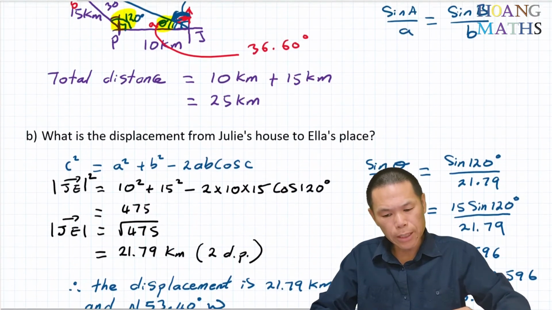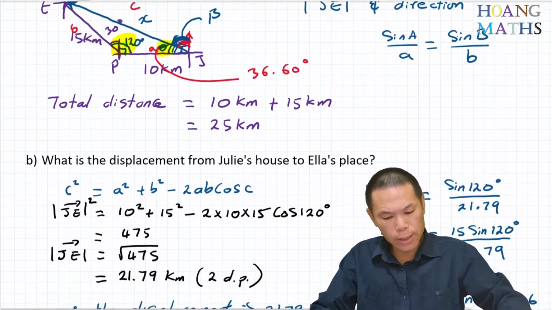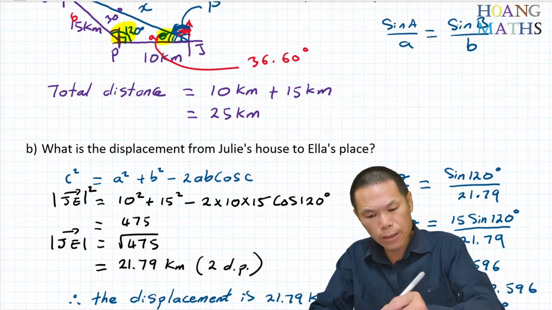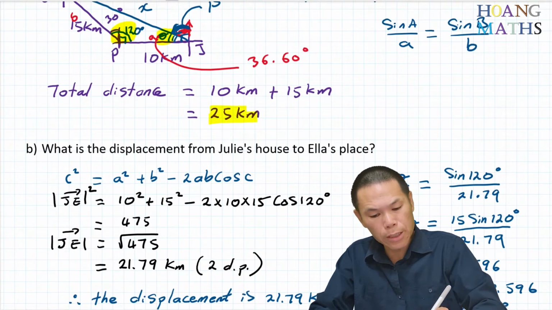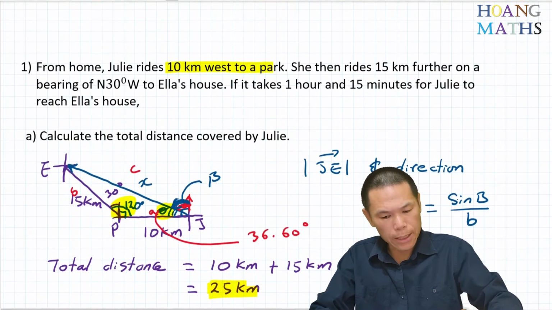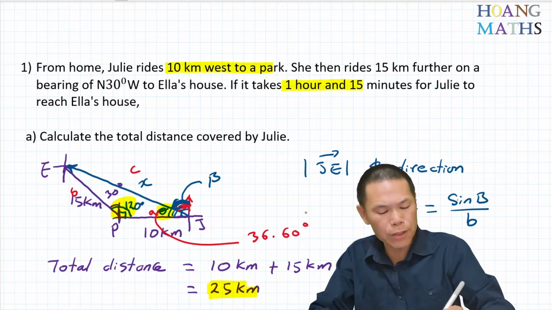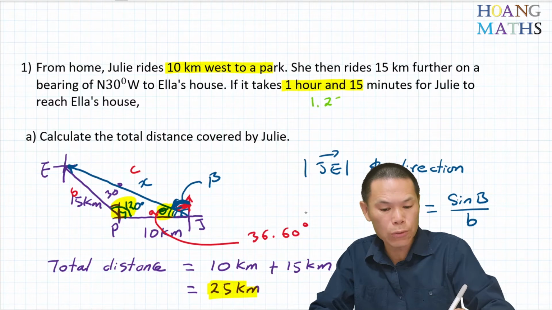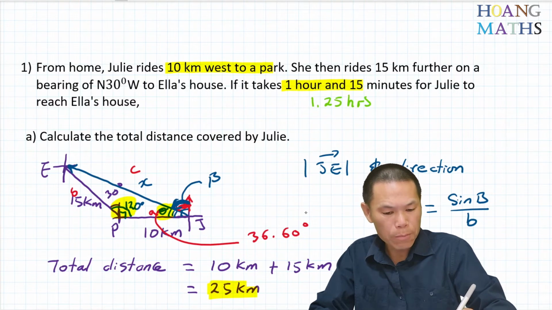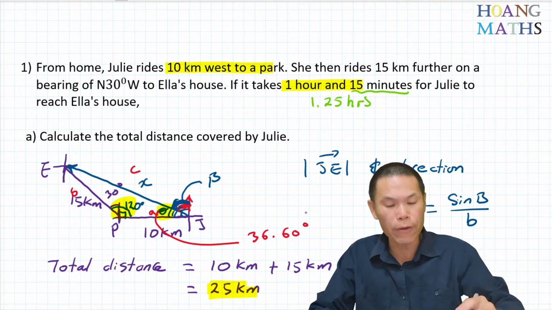So average speed is the total distance covered, that is 25 kilometers, and the time taken is 1 hour and 15 minutes. So 1 hour 15 minutes is 1.25 hours, because 15 minutes is a quarter of an hour.